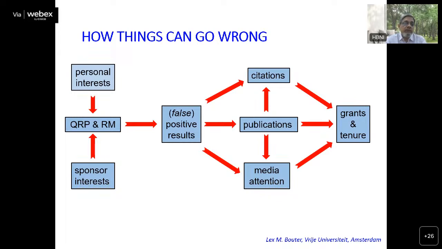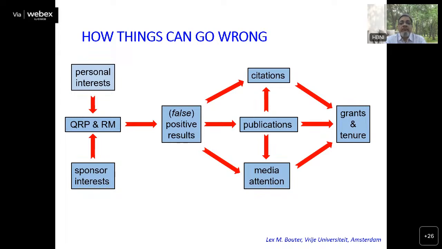Now, why does this happen? Either this is what is called a questionable research practice, or a research misconduct. But why should this happen? There could be some personal interest which will drive this, or it can also happen that there are certain sponsors who are sponsoring your research. They want only a certain kind of data.